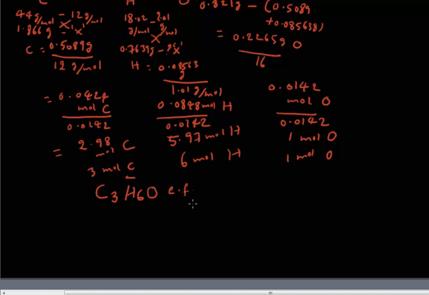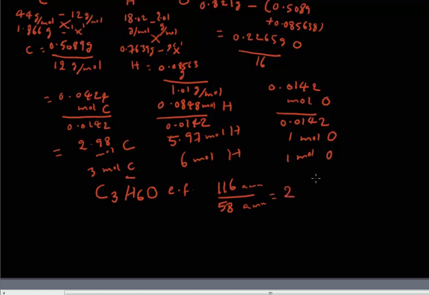Now we need to calculate the molecular formula for this. So we take the given molecular mass, which is the mass of one molecule, 116 atomic mass units, divided by the empirical formula weight, which is about 58. So this would be 2.